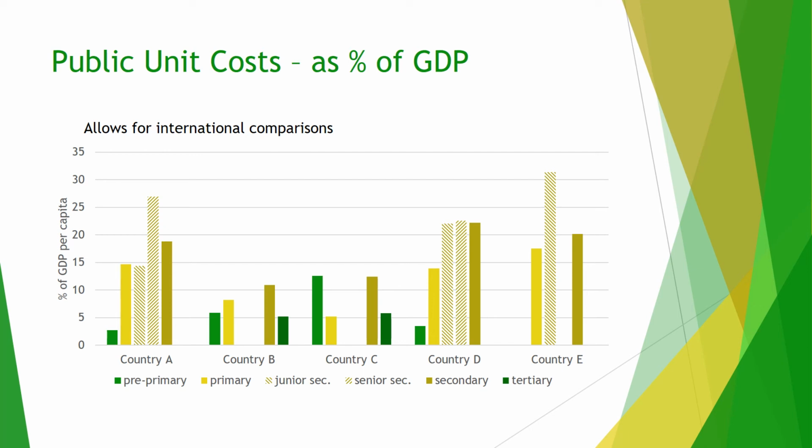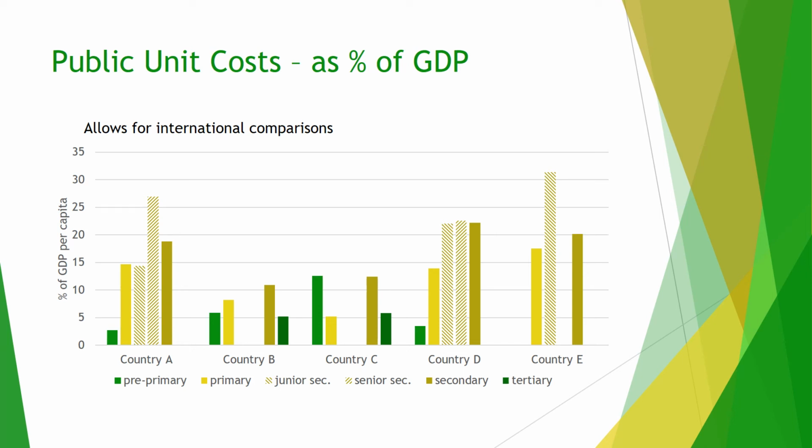You can see that country E, for instance, spends the most on junior secondary education, considering the size of its economy, considering its level of economic development. You can see that pre-primary, for instance, varies largely, not as much as was visible when we were looking at nominal terms between country A and country C, but country C still spends much more on pre-primary per child than country A.